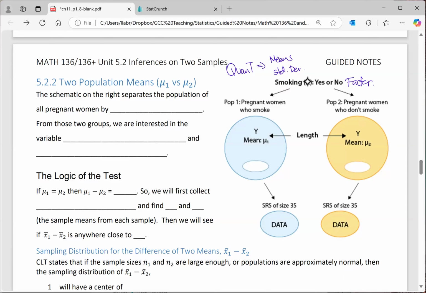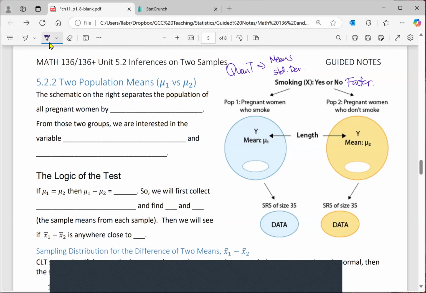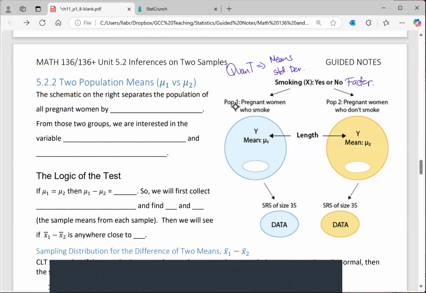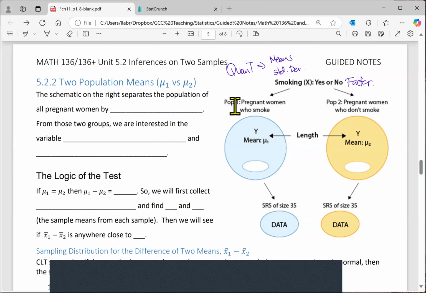Now, this is actually pretty concerning because when you take a look at the left-hand side, we see that Pop 1 is pregnant women who smoke, and Pop 2 is pregnant women who don't smoke. So it looks like my population was all pregnant women, and we are separating all pregnant women by smoking status.